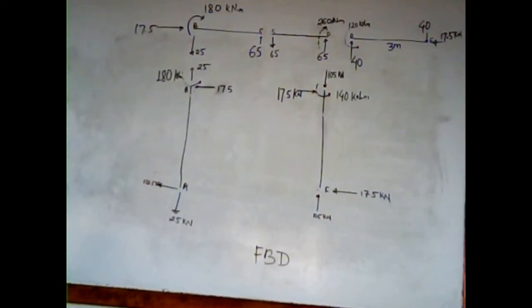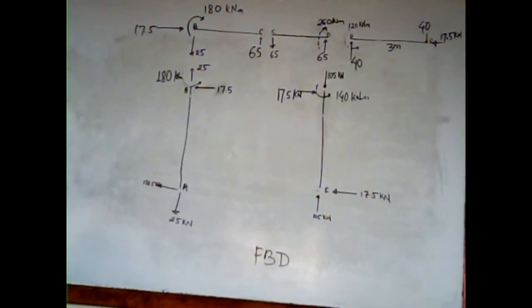At first we need to write the directions of the reaction forces occurring at joints A and F. Here at joint A, a downward force of 25 kilonewton is acting, and a leftward force of 102.5 kilonewton is acting.